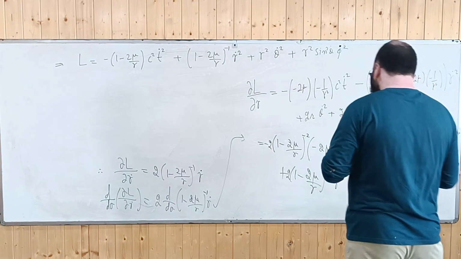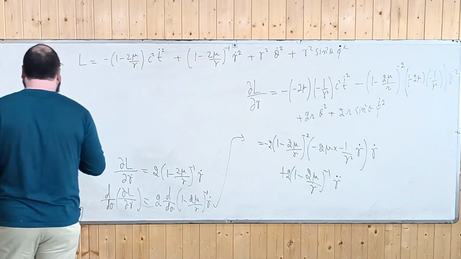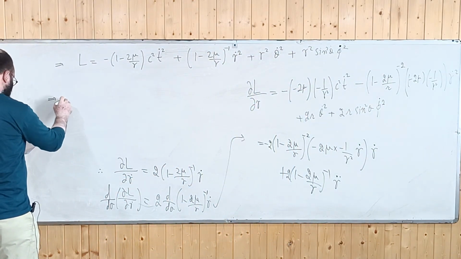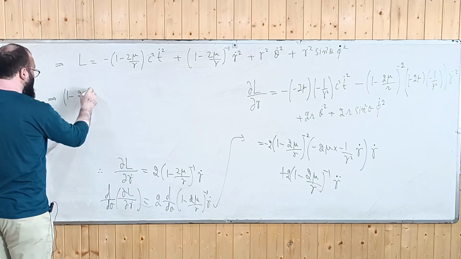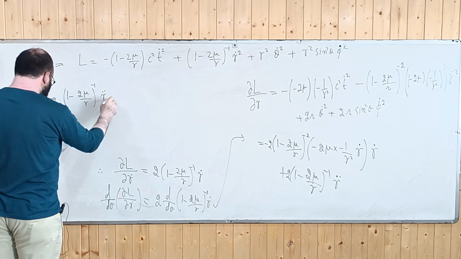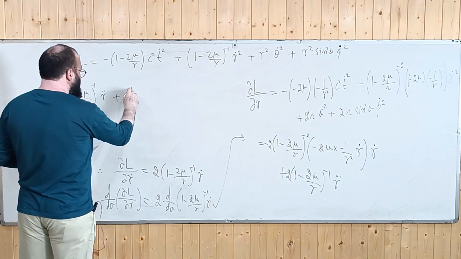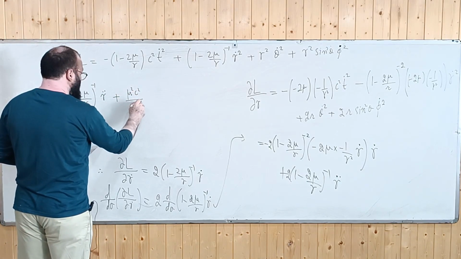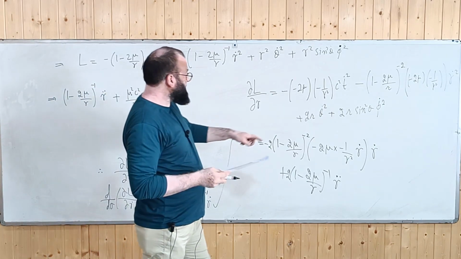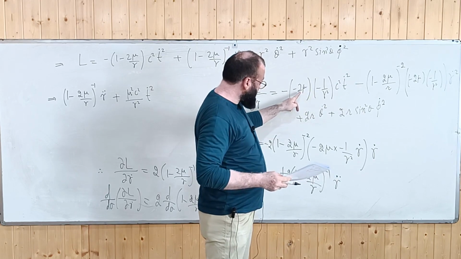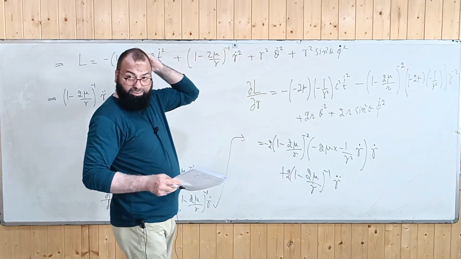Okay, you need to look properly. So it implies therefore you are having (1 minus 2μ/r)^(-1) r double dot plus μ²c²/r² t dot squared. Yes, this is the t dot squared; because there is a 2 everywhere, that 2 you can take out.